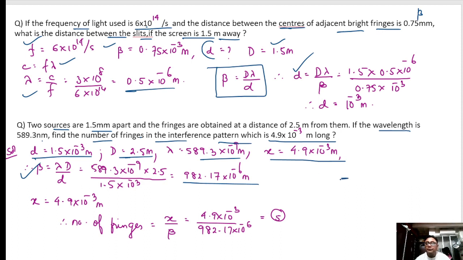That means each fringe is of this much width. So in a total distance of this much, how many such fringes will there be? The number of fringes will be that distance divided by the fringe width. So 5 fringes will be there.